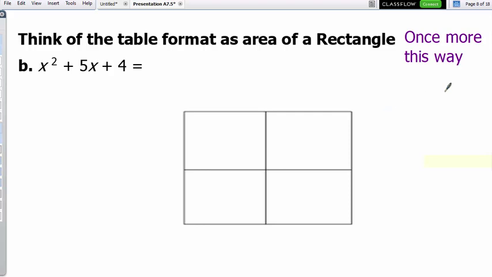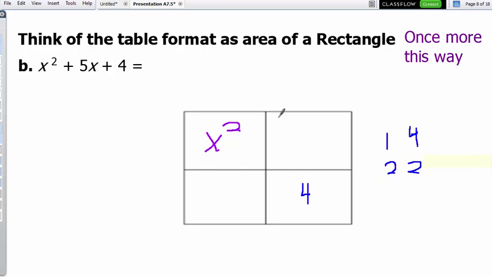Here's another example, so let's start it out this way. So we're going to put our x squared here. Whatever our constant is, we're going to put here. And then we're looking for the factors of 4. Well, the factors of 4 are 1 and 4, 2 and 2.